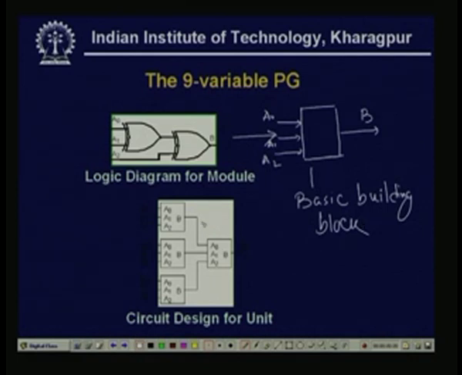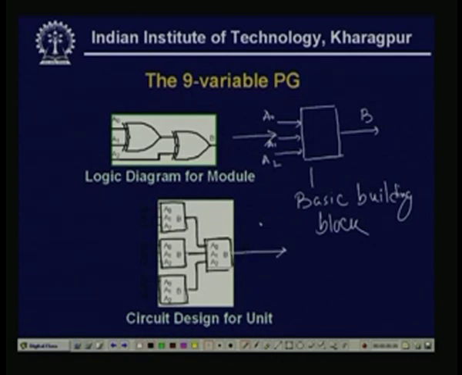Now, in this second figure, we have redrawn these circuits using this. So, this is my basic building block, block 1, block 2, this is block 3, and another 3 input building block we have used.